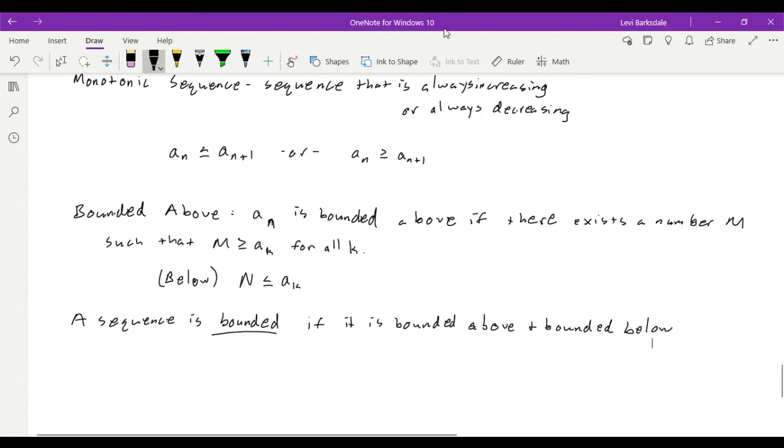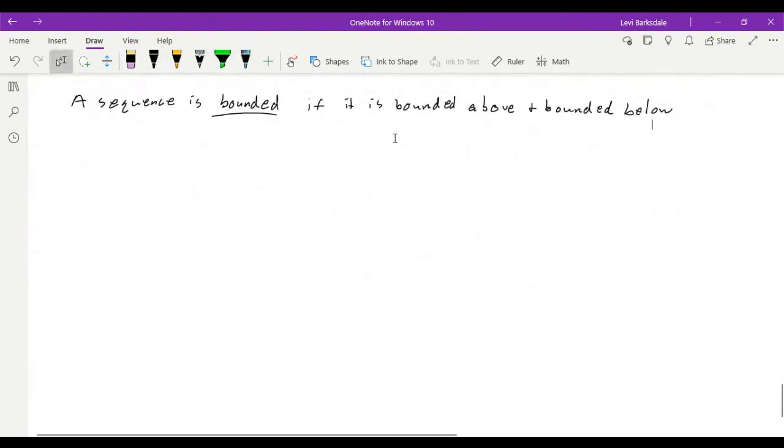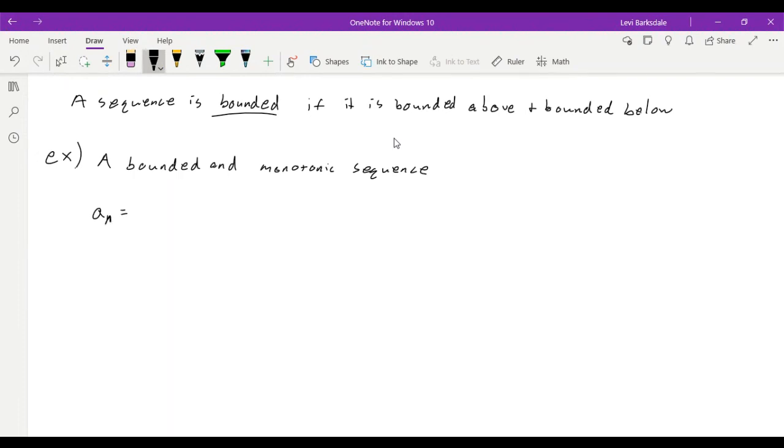Now, this is just kind of a bunch of definitions, so maybe let's take a look at some examples. A bounded and monotonic sequence. Let's say we have a sub n being defined as 2n over 3n squared plus 1, and n always has to be bigger than or equal to 1.